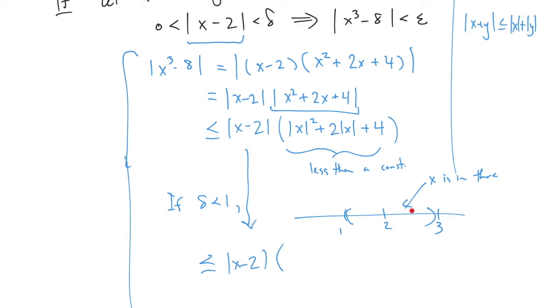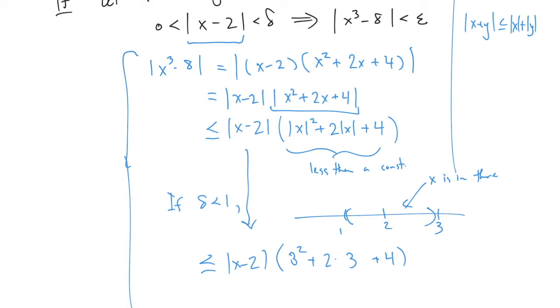If x is in there, I'm going to leave the plus 4. Yeah, x is less than 3. If x is in this range over here, then the absolute value of x is going to be less than 3. So I can replace all those absolute value x's with 3's. So I put a 3 squared plus 2 times 3 plus 4.